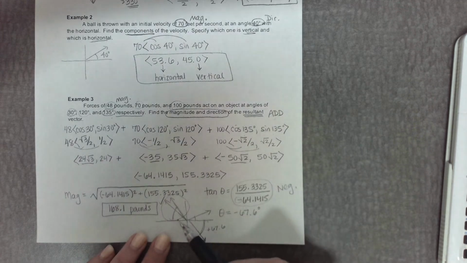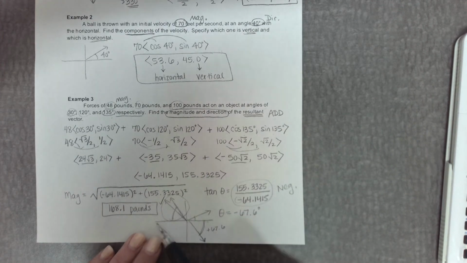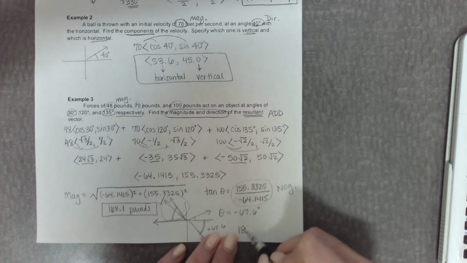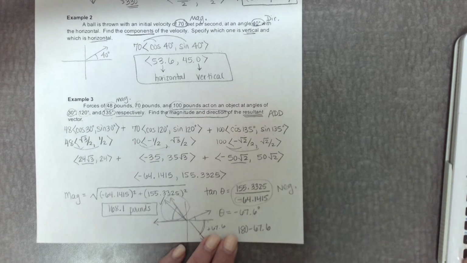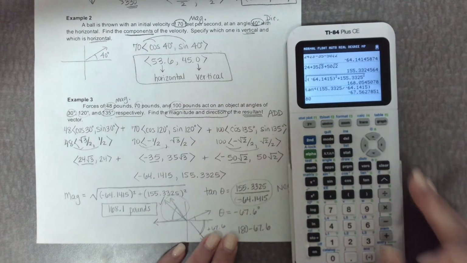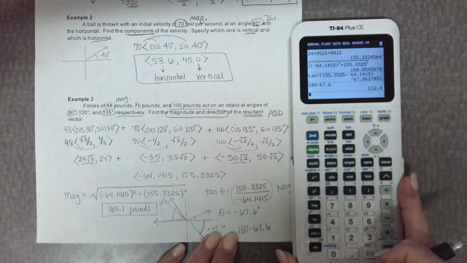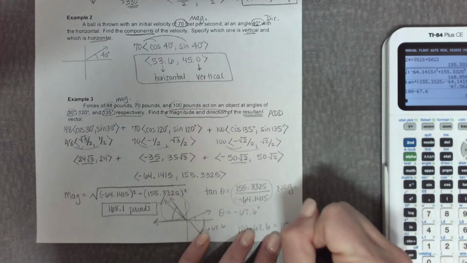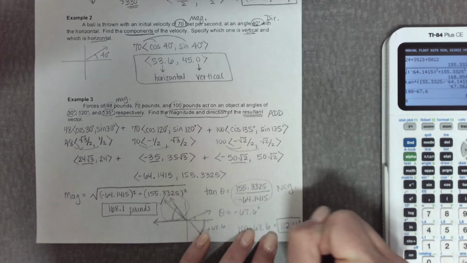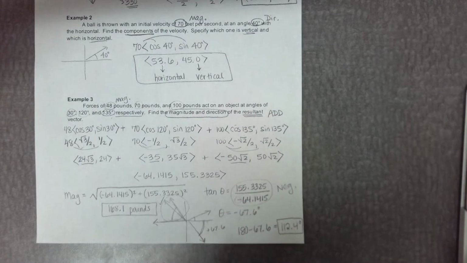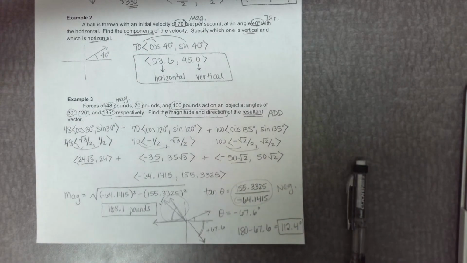So the way that we do that, since quadrant 2 is smaller than 180, and 180 is the closest side of the x-axis to quadrant 2, we're going to take 180 minus 67.6, that puts us in quadrant 2, and that's the angle that we want, 112.4 degrees, which is the direction of our resultant vector. So always second guess what the calculator gives you. Always make sure that the calculator answer makes sense for the problem that you're doing.